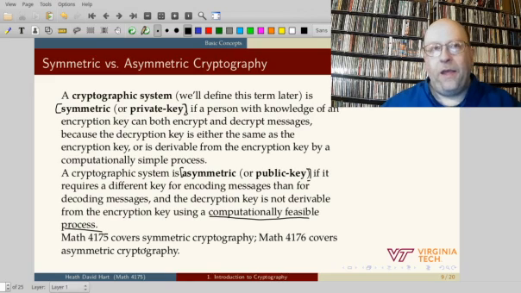The encryption process is a one-way process, and it takes a different kind of process to decrypt it. And as you can imagine, those are going to be mathematically more complicated, which is why we put those off to 4176. So 4175 covers symmetric cryptography, 4176 covers asymmetric cryptography. Okay?